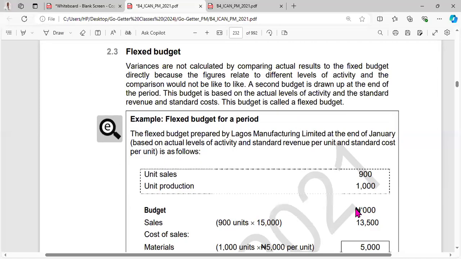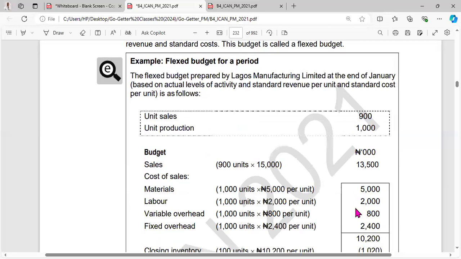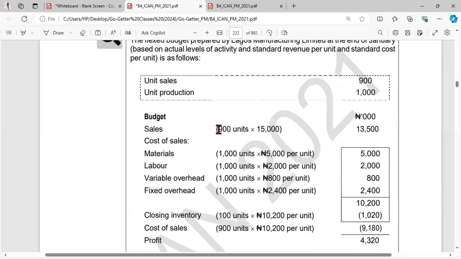So now when we flexed it, look at what we get. It means that your sales is 900 units now at 15,000. This is budget now. Instead of 15 million, you're having 13.5 million. Now your cost will now be the same prices, but now 1,000 units.